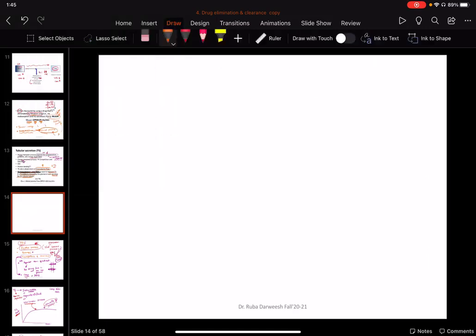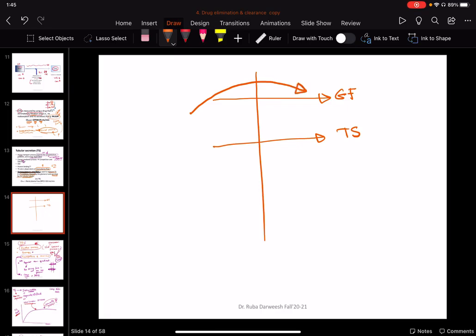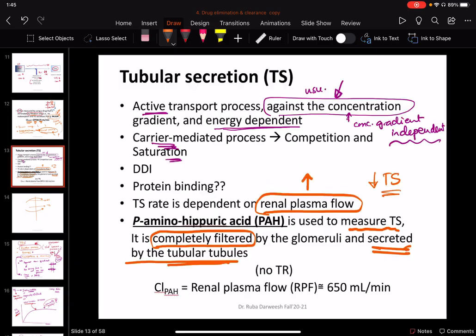Again, if we just draw this as a simplification of the membrane, we have glomerular filtration, we have tubular secretion of the drug, completely filtered and completely secreted. And this happens to a material that is called para-aminohippuric acid, okay?